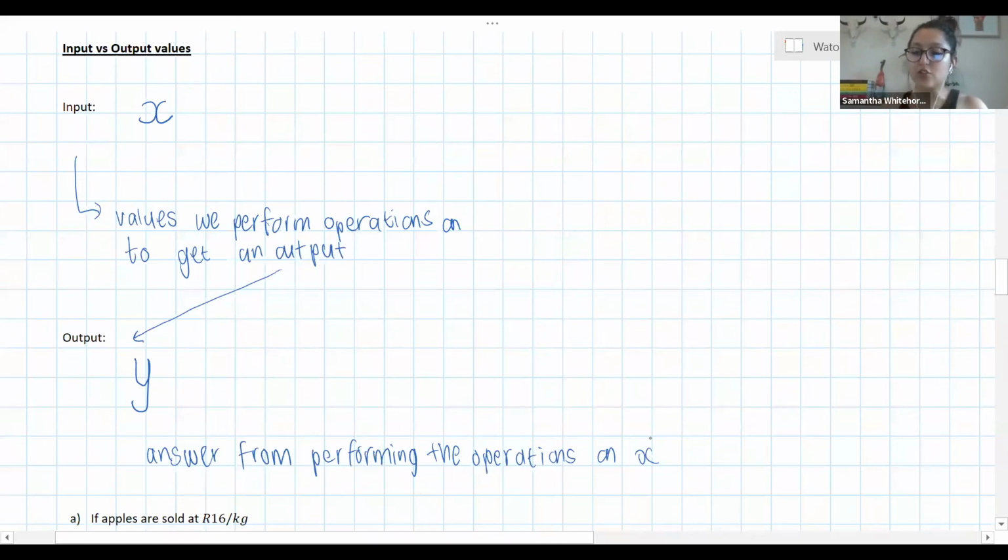And these are the two important variables or values that I'm going to work with as we start to talk about graphs and equations of graphs. There's an input and there's an output. Now, if you remember from when we did transformation geometry, when we looked at reflections and rotations, if you guys weren't there for that, don't stress. Hopefully we've all at least heard of something called the Cartesian plane and coordinates.